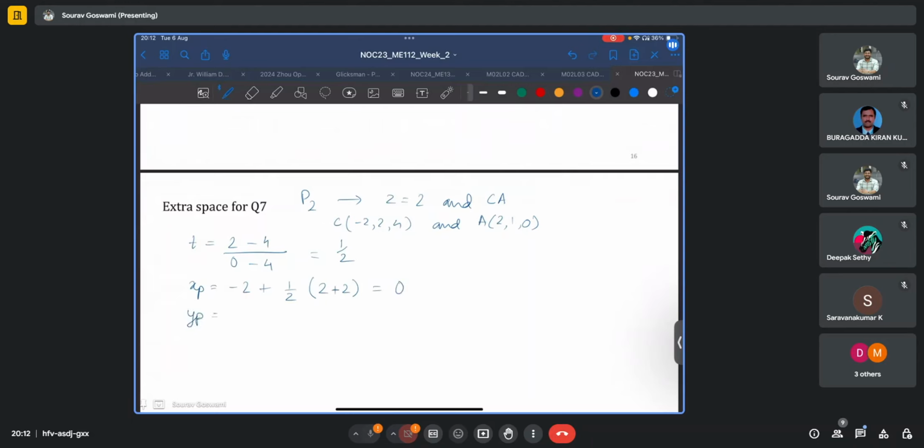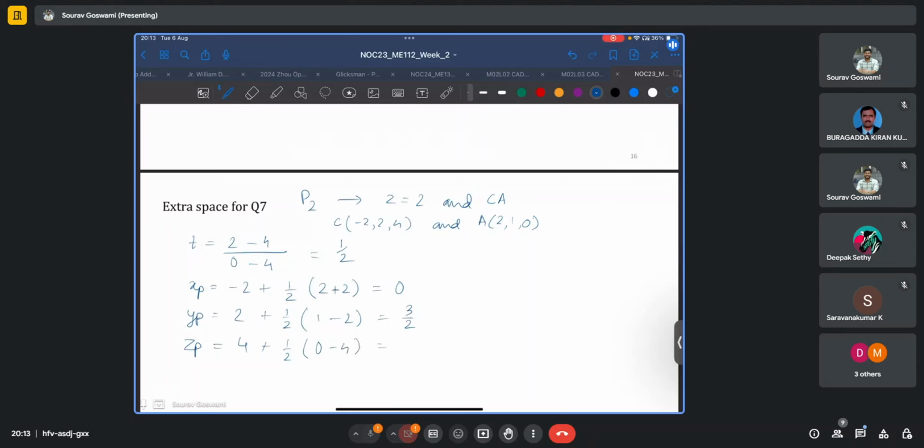yp is equal to y1 plus t times y2 minus y1. This is 2 minus 1, 1 minus 2 is minus 1, 2 minus half is 3 by 2. zp is z1 plus t into z2 minus z1.